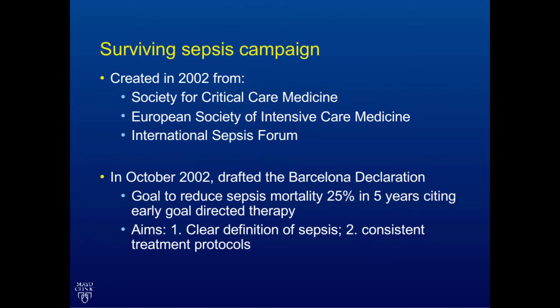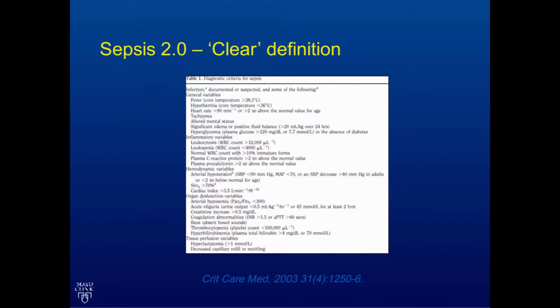In October, they drafted the Barcelona Declaration and set very lofty goals for themselves to reduce sepsis mortality 25%, and that's mostly based a lot on the early goal-directed therapy findings. And they recommended a clearer definition of sepsis than SIRS plus infection plus organ dysfunction, and consistent treatment protocols, really operationalization of the early goal-directed therapy.